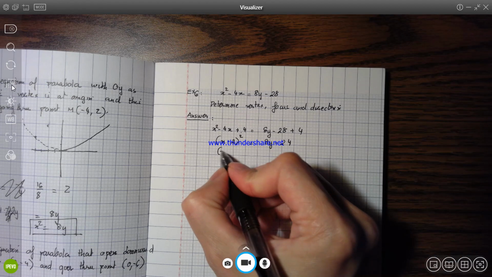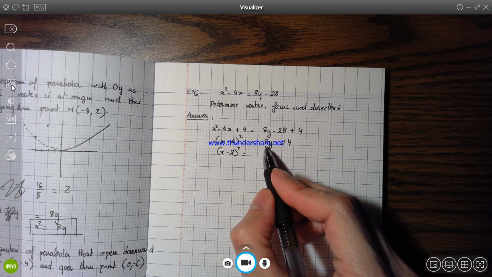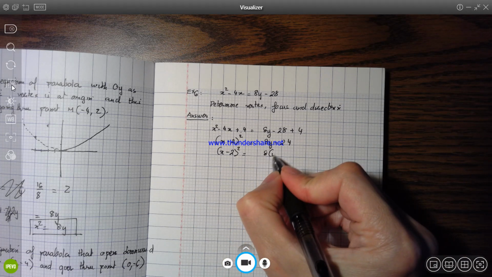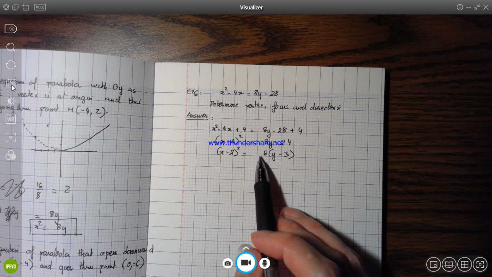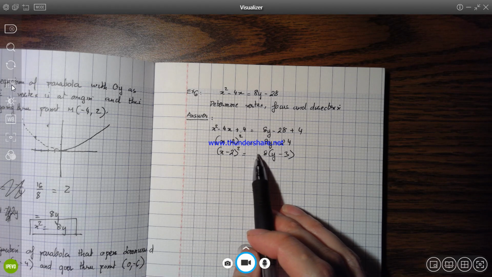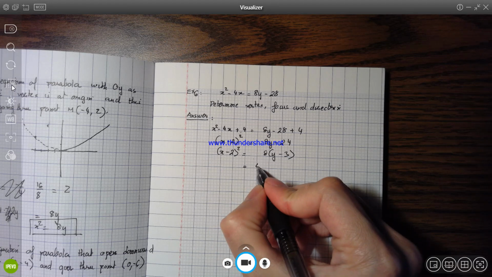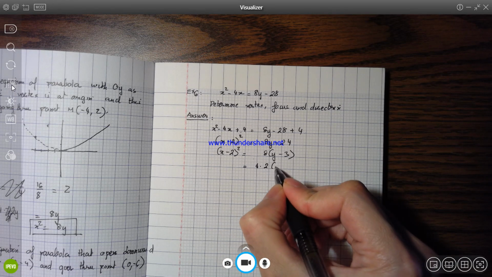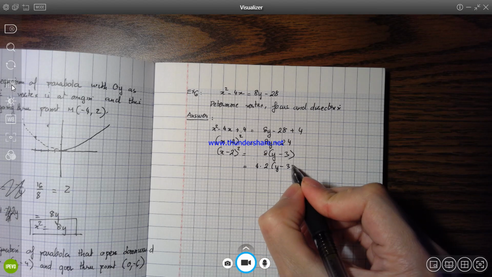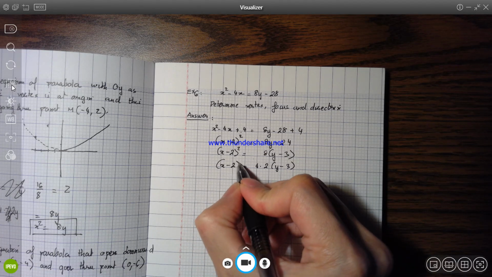And I'm going to factor the 8 out, so I will have 8 times y minus 3. Looks like this is opening up because this is positive. So I can rewrite it as 4p times y minus k, and over here x minus h, right?